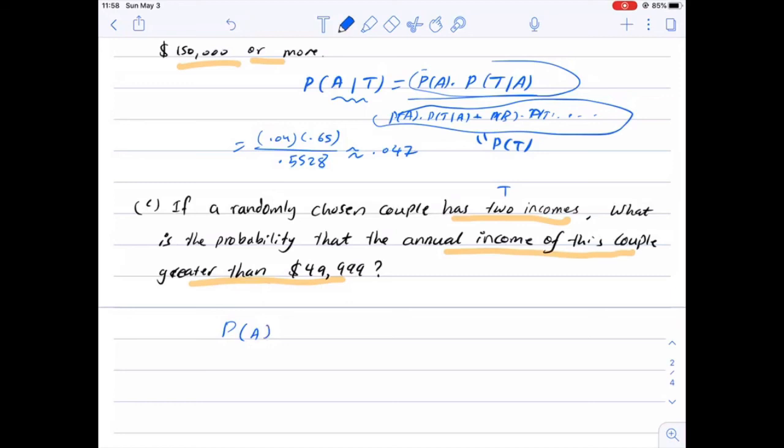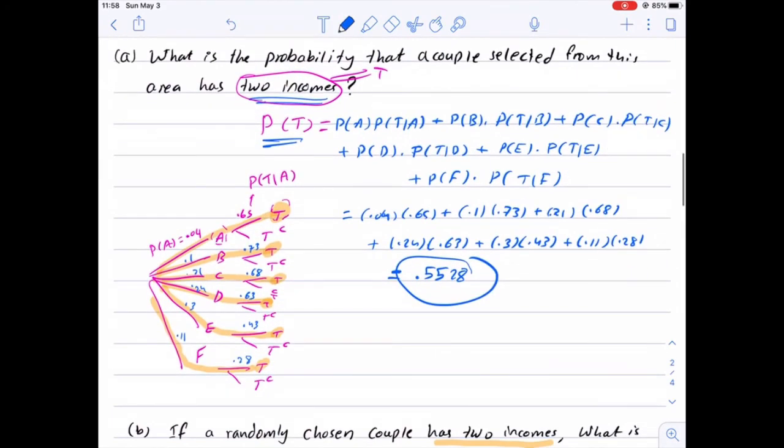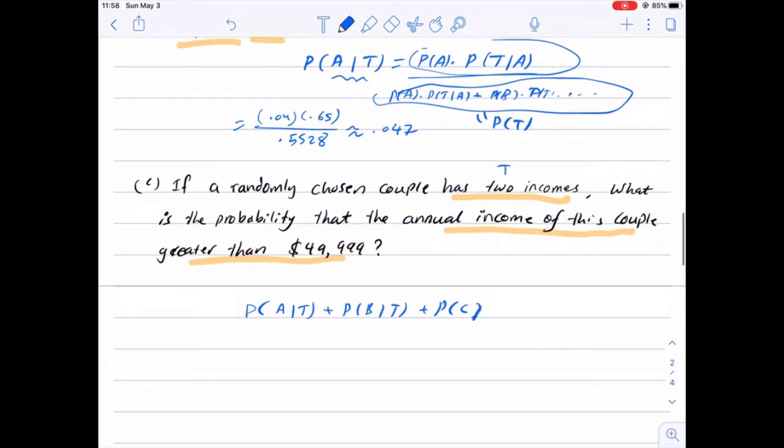Let me write it this way. Probability of A given T, plus probability of B given T, plus probability of C given that the couple, both the husband and wife, are workers or have income.